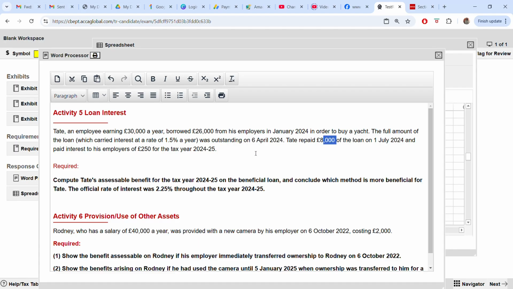So you are counting April, May and June, 3 months. So you will be paying on 26,000 for 3 months at 2.25%.